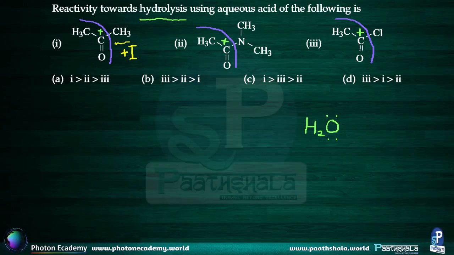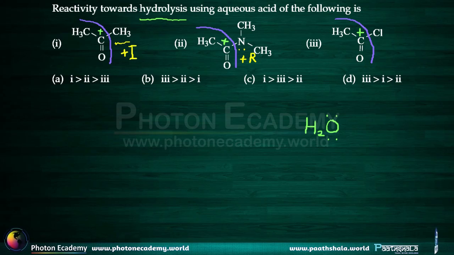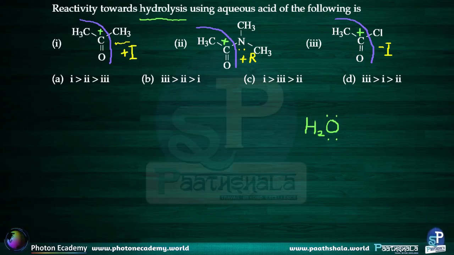Then when we look here in the second organic compound at a nitrogen atom, we know that it has lone pairs. So here it is going to exercise an R plus type of resonance. Here we know that a chlorine atom basically behaves as an I minus group. So what we understand is that if electrons are going to be donated to the carbonyl carbon, the positivity is going to decrease.